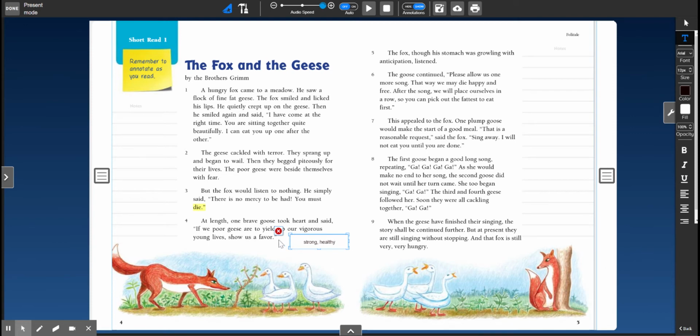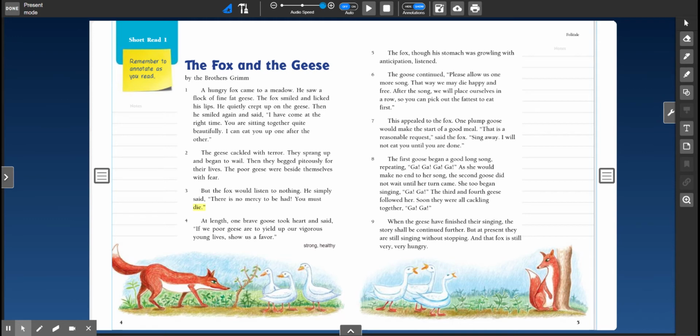Now, yield. What do you think the word yield means? So when your parents are driving in a car, they have to sometimes yield, which means they have to give somebody else the right of way. So they can go as long as it's clear, but they might have to wait for somebody else to go first.